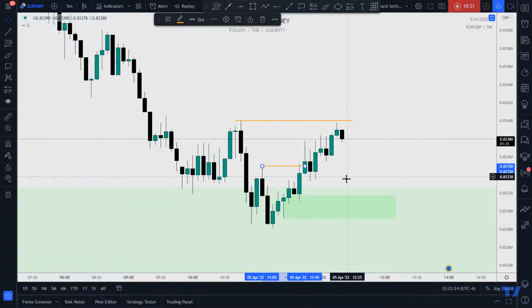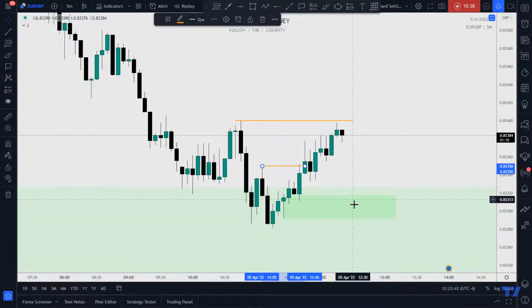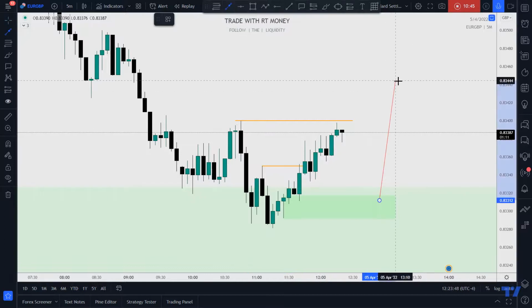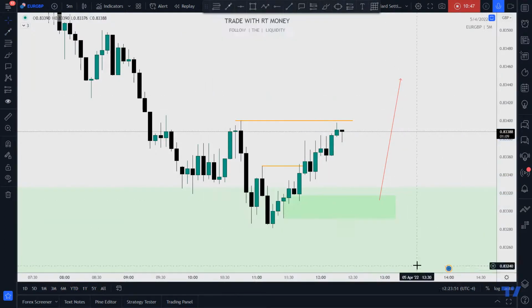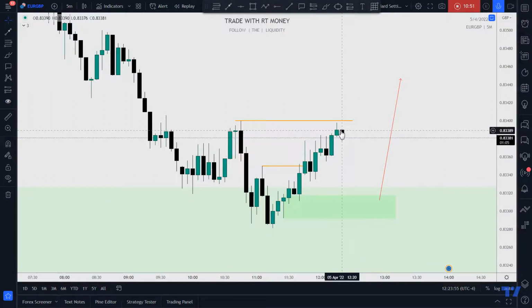If it comes back down, I would be looking pretty hard at this area. All right. So I am again back here. If I'm looking for price to take that low as liquidity leading into this demand zone, and I'm looking for a bounce, if price gives us bullish price action once it gets here, I need the confirmation.